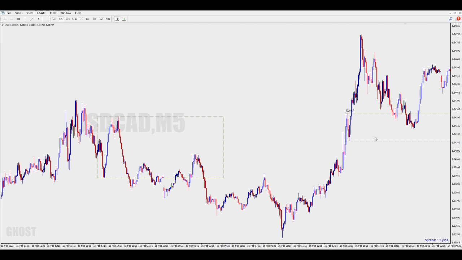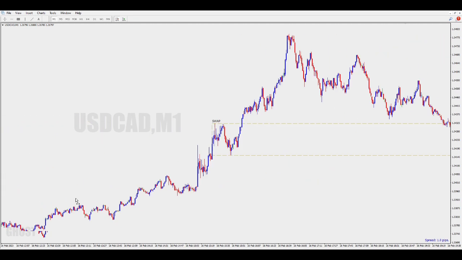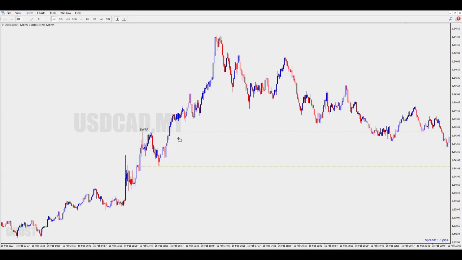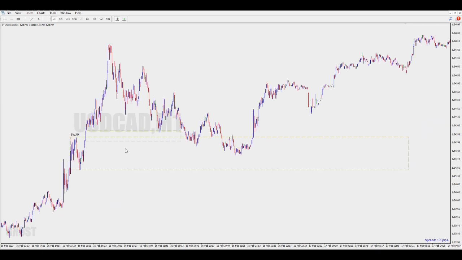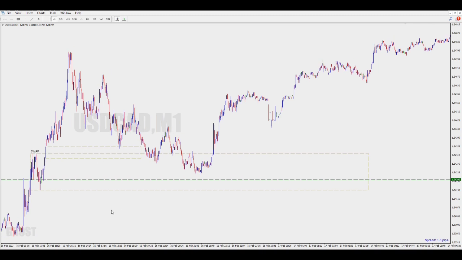What we said before is we would want to look into this area right here first of all, and then look into a possible QM level somewhere here.